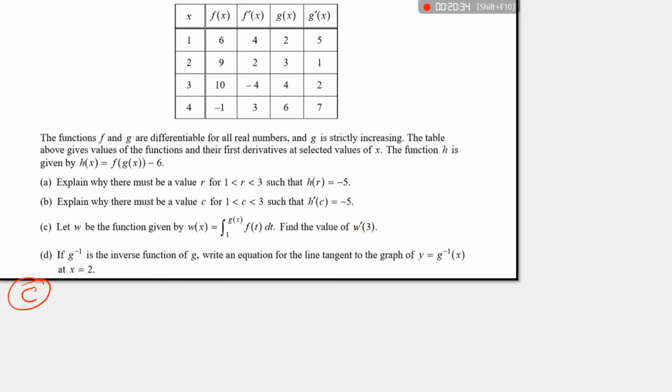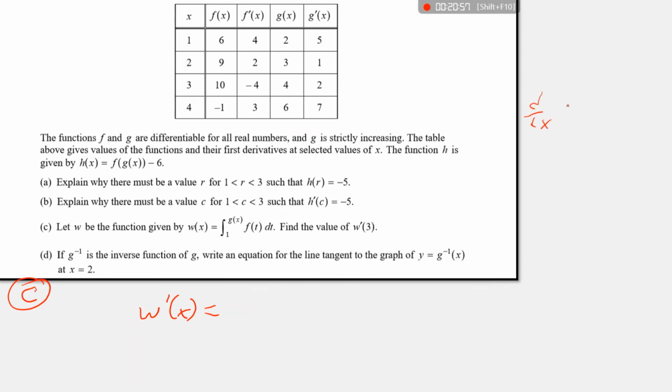So if I want to find the derivative of w, where w of x is this integral, what happens if I derive the integral? I guess we'll do the general form first.